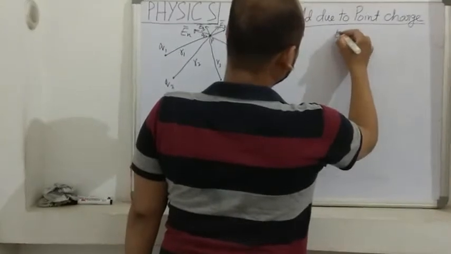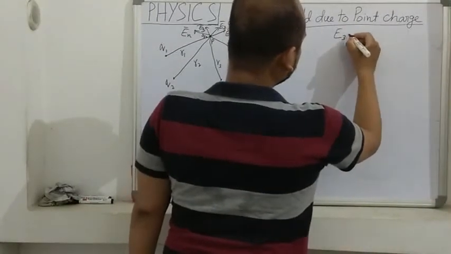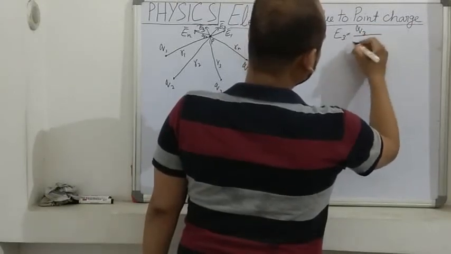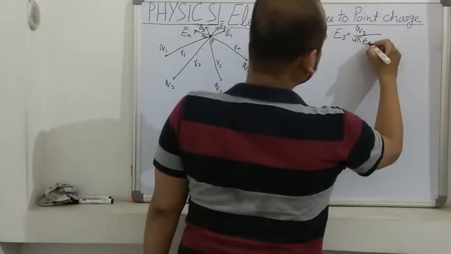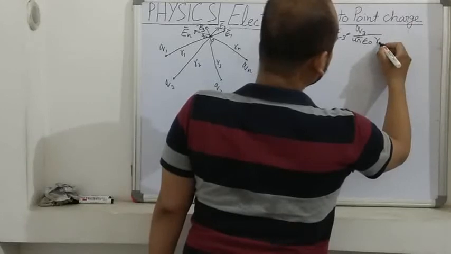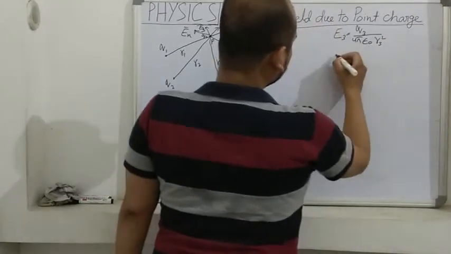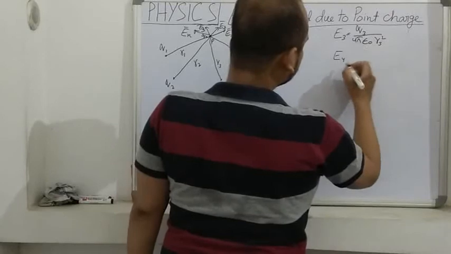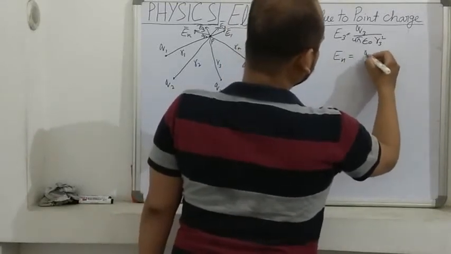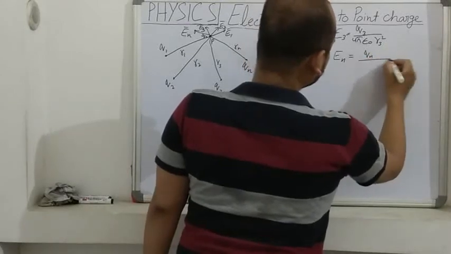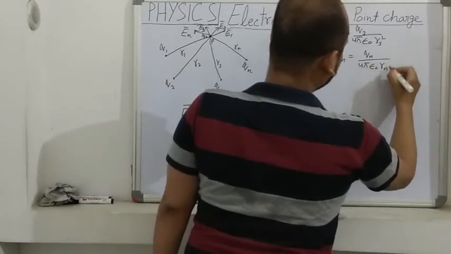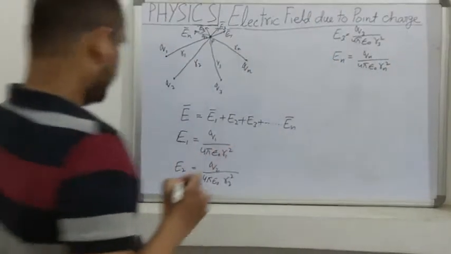Similarly, E3 will be equal to Q3 upon 4 pi epsilon naught R3 square, and En will be equal to Qn upon 4 pi epsilon naught Rn square. Is that clear?